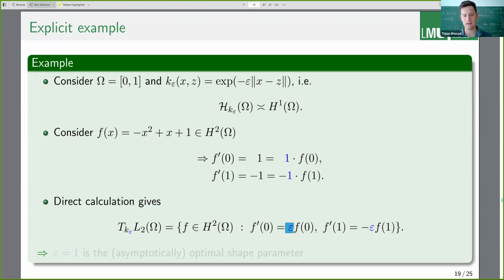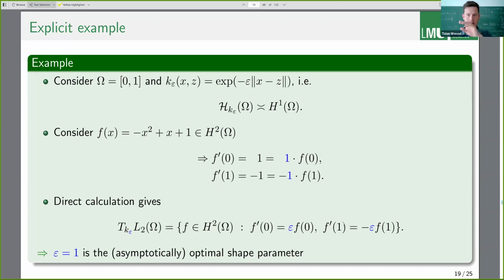And we can see here that the choice of epsilon equal to 1 is the correct choice in this example, because this gives us the correct inclusion into the power space, and therefore the best rate of approximation.